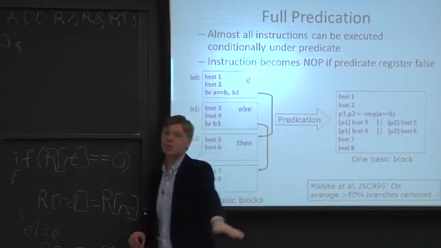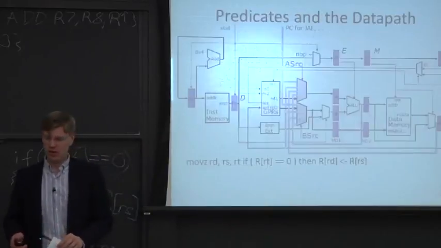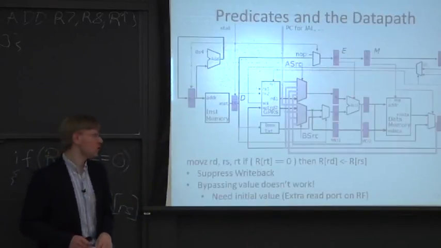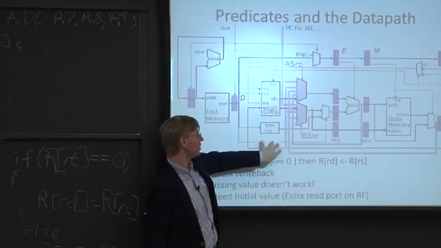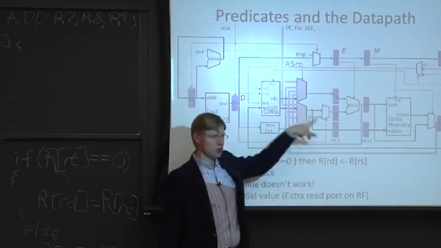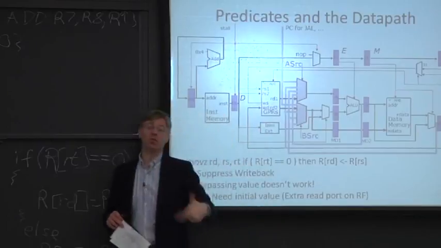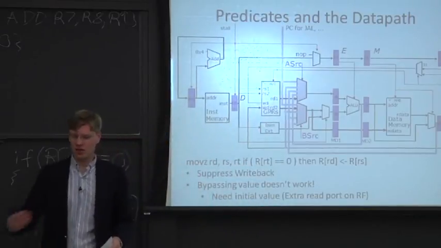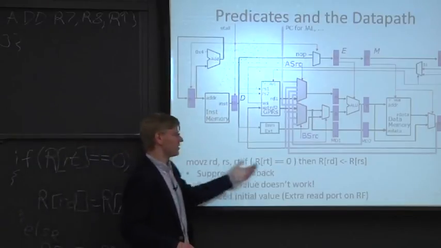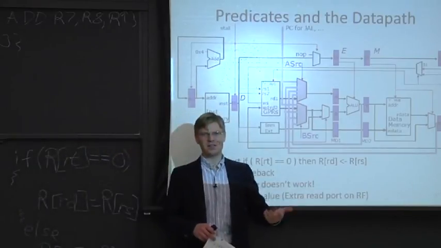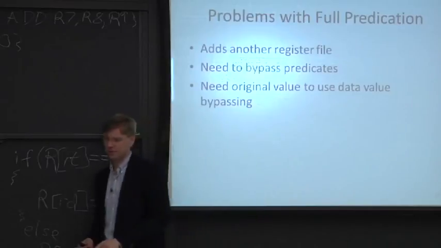We don't have to wait to the end of the pipeline for those predicates to be computed. So effectively we're going to have a predicate register file sitting somewhere here, and we're going to have bypassing around the predicate register file, or forwarding of the predicates to get the predicates there faster, or get the predicates to be used in the next instruction.